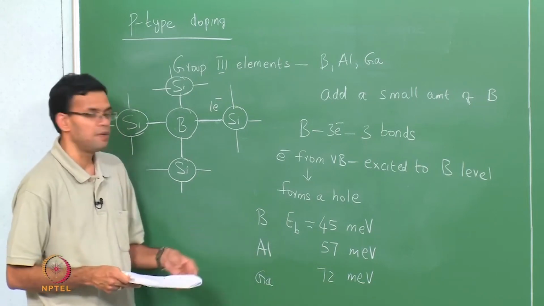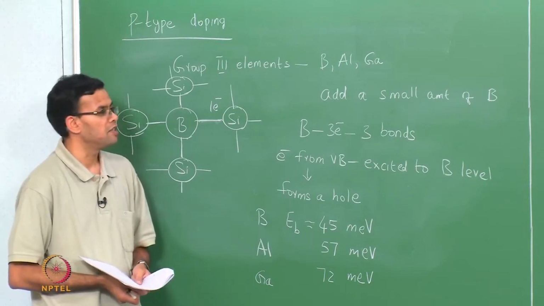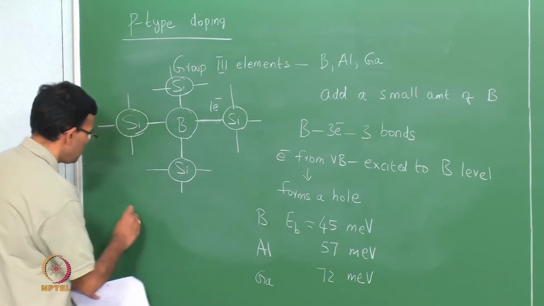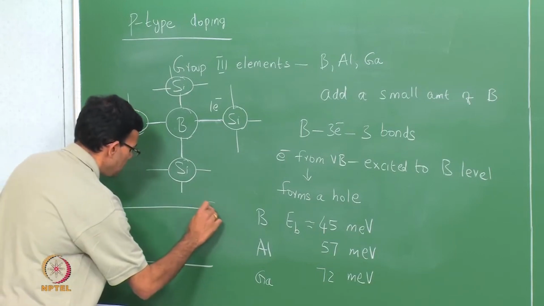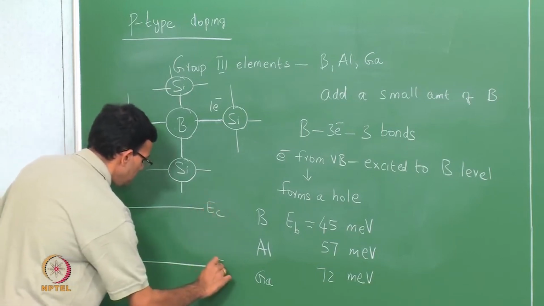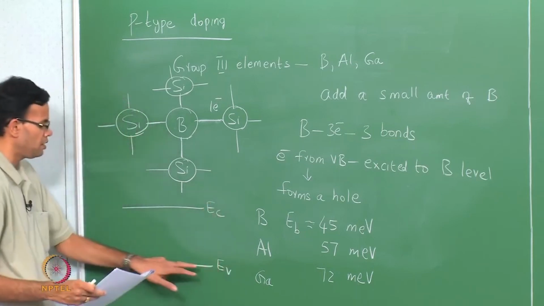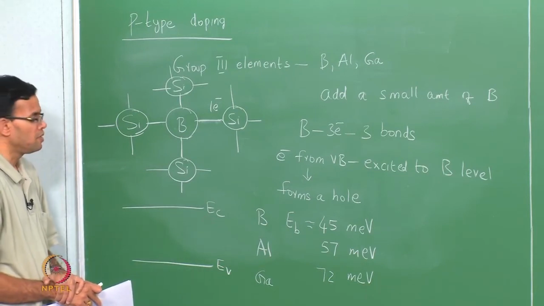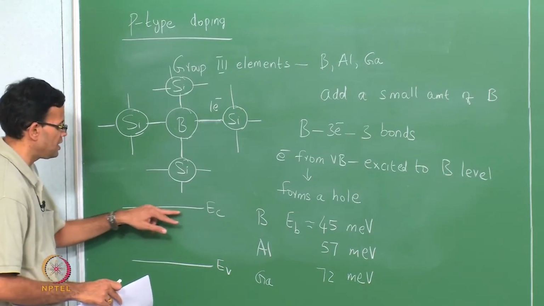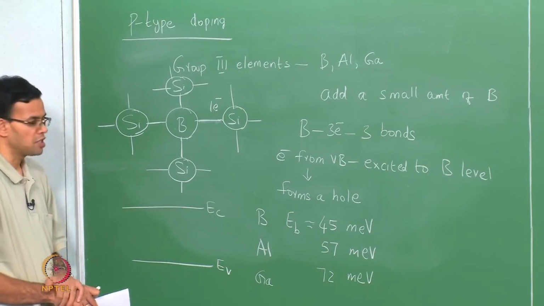We can draw a similar band picture in the case of acceptors. So, we will draw the band gap of silicon. This is EC, this is EV. So, this is your valence band, this is your conduction band. In the case of n-type, we said that they are localized levels very close to the conduction band.